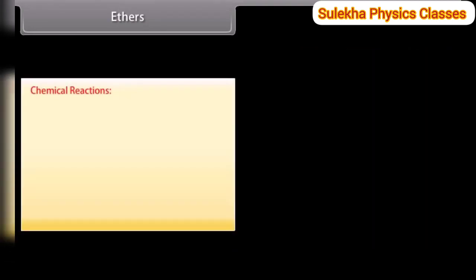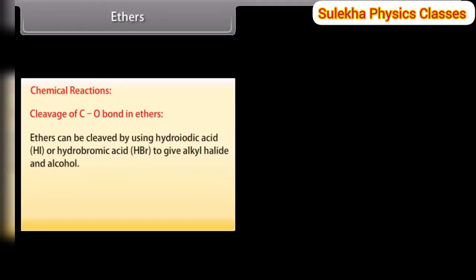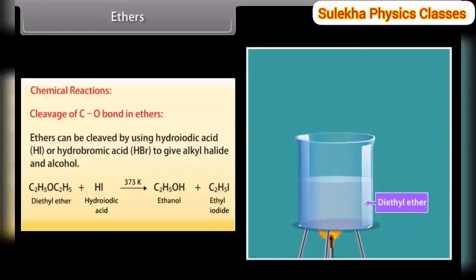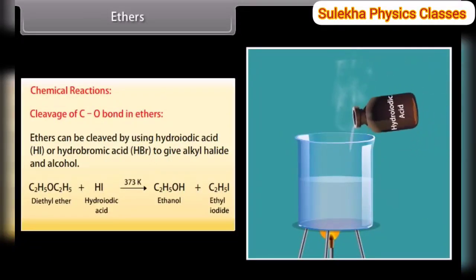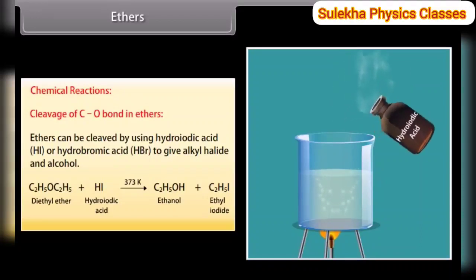Chemical reactions. Cleavage of C-O bond in ethers. Ethers can be cleaved by using hydroiodic acid or hydrobromic acid to give alkyl halide and alcohol. Hydroiodic acid reacts with diethyl ether and forms ethanol and ethyl iodide.